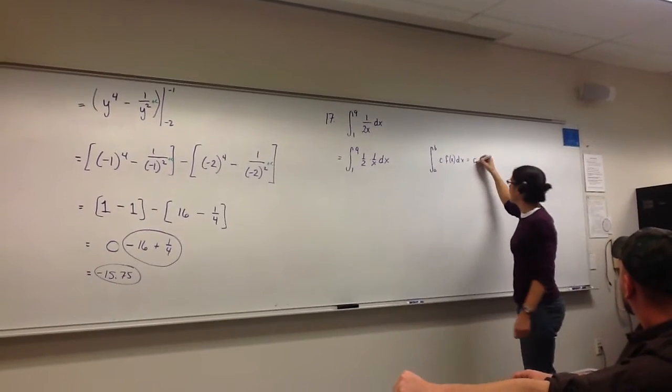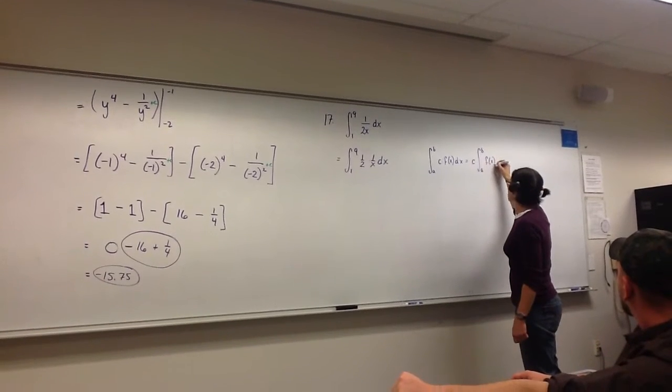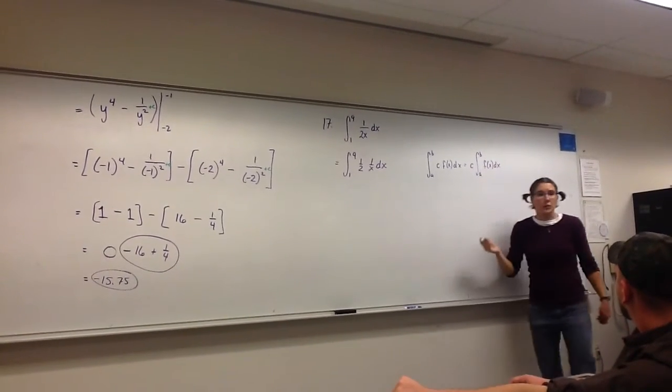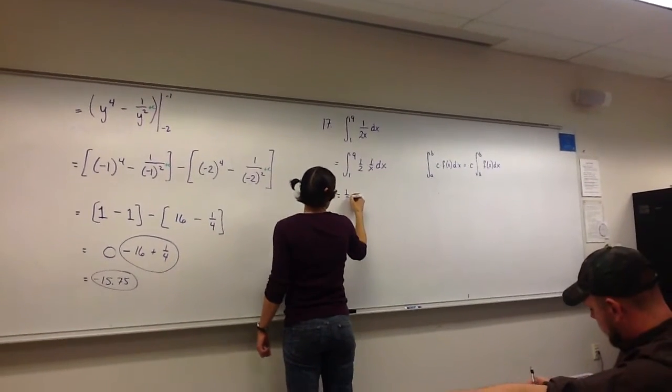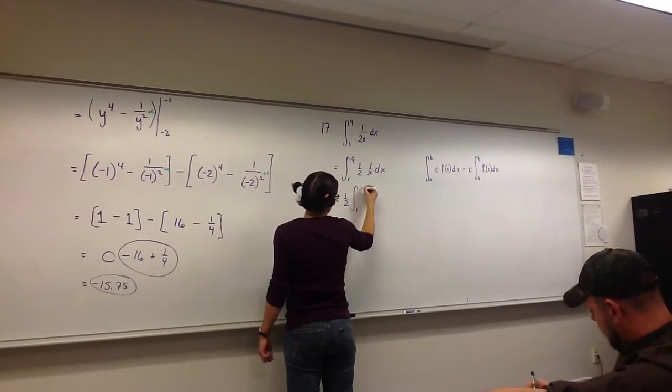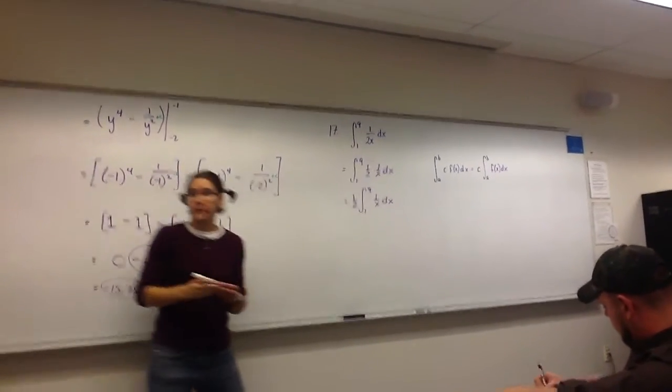We can bring that constant out front and take the antiderivative just of the function f of x. So we can really do that here. I'm going to bring this 1/2 all the way to the front, and we have 1/2 times the integral from 1 to 9 of 1 over x dx.